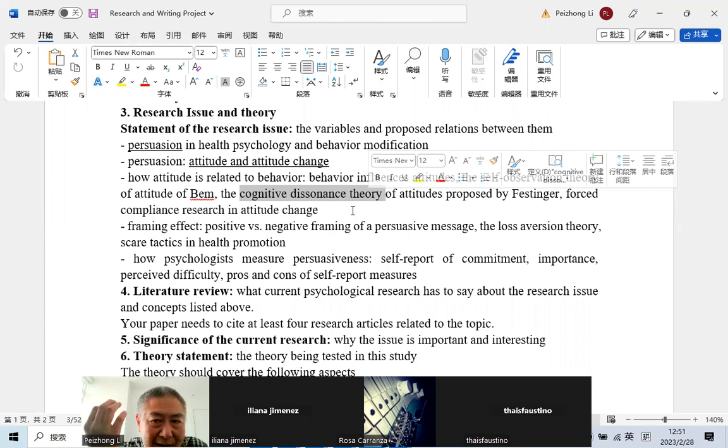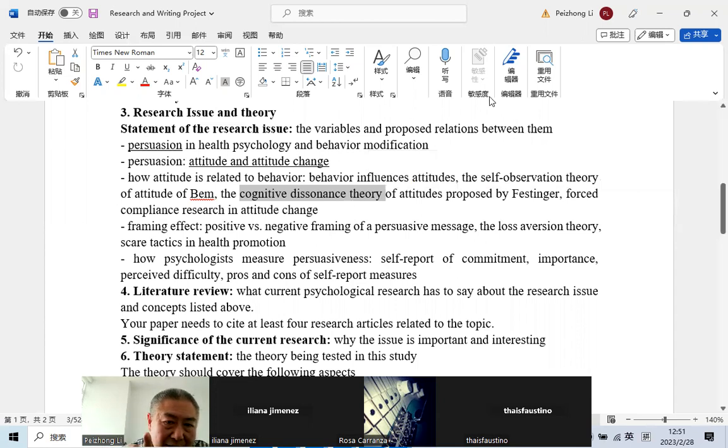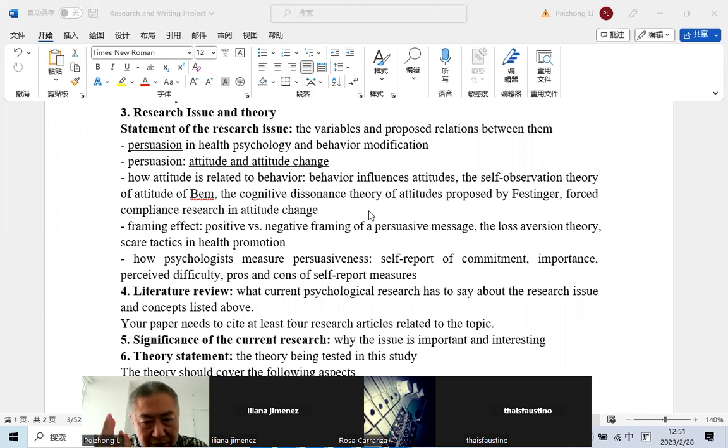The idea is that you try to match your attitude with your behavior. When there's a mismatch between your attitude and behavior, there's a dissonance. The dissonance makes you feel uncomfortable. And Festinger says that when your behavior has a mismatch with your attitude, you have a high arousal, you feel unsettled.